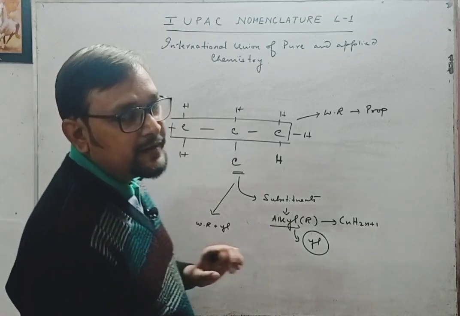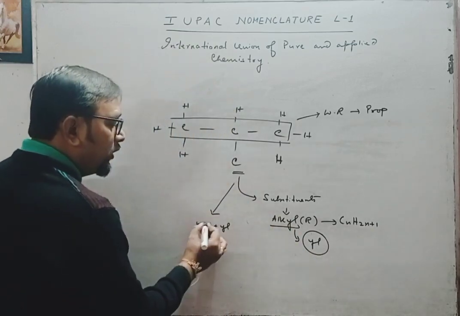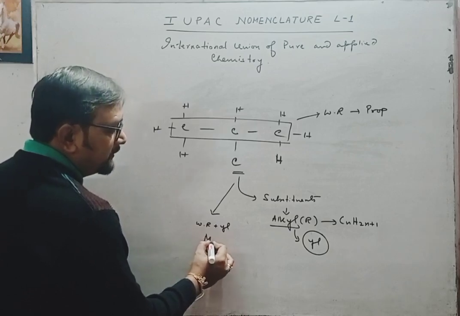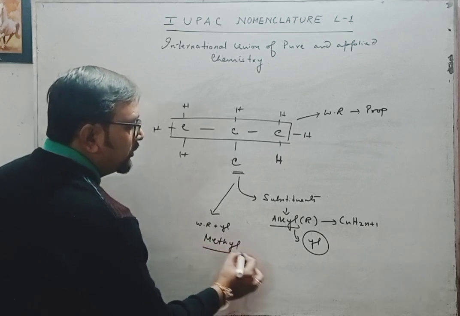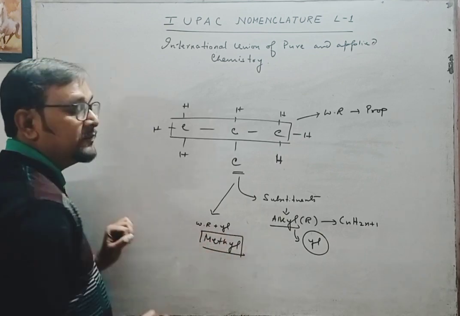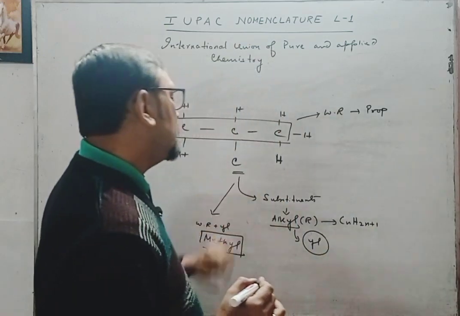That is very easy, right? So how many carbons are here? 1 carbon. For 1 carbon we have meth, and you add YL. So the name of this substituent is methyl.